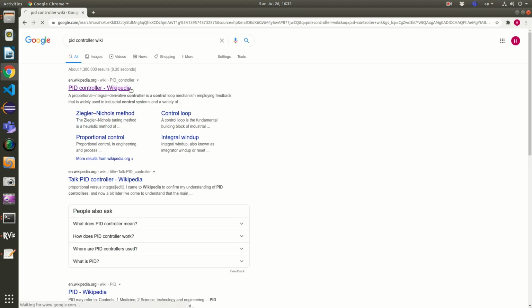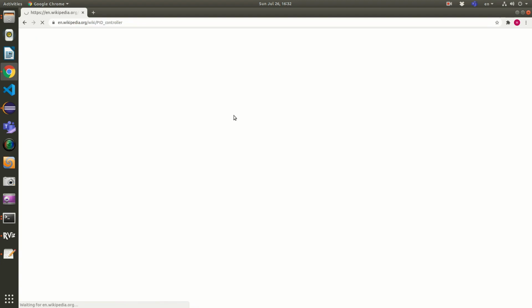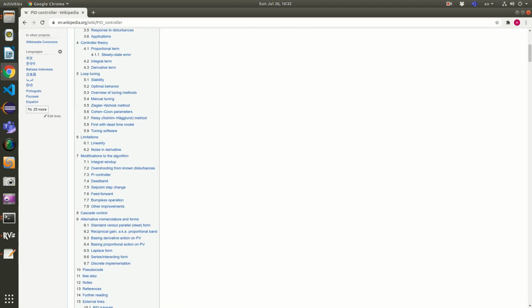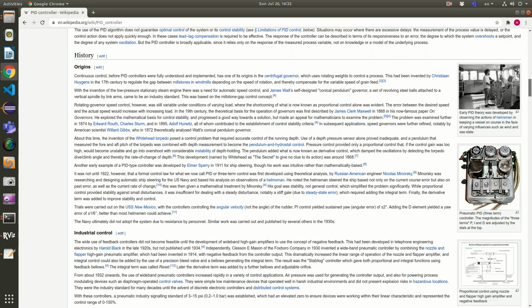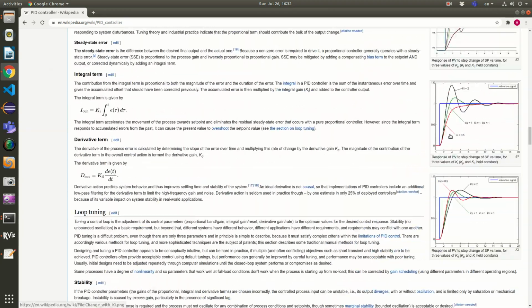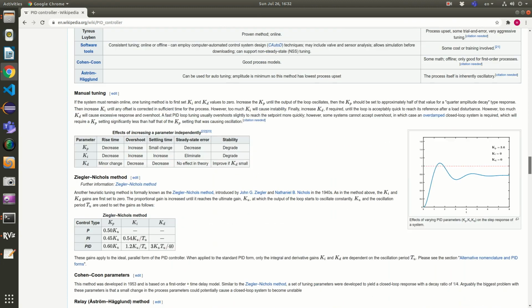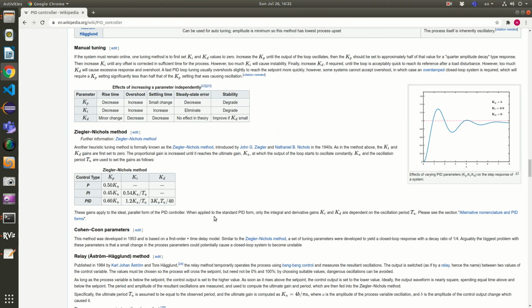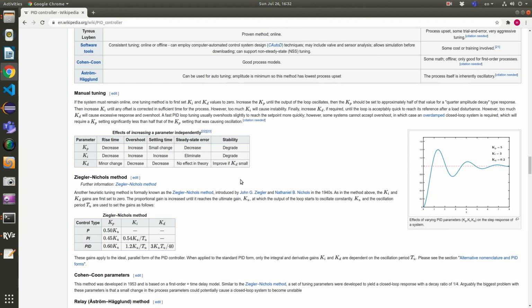It has a lot of nice information about what PID is, the history, the errors you get, and how to calibrate. There are several ways of calibration here. Each agent, robot or vehicle has different controllers, so different response signals.